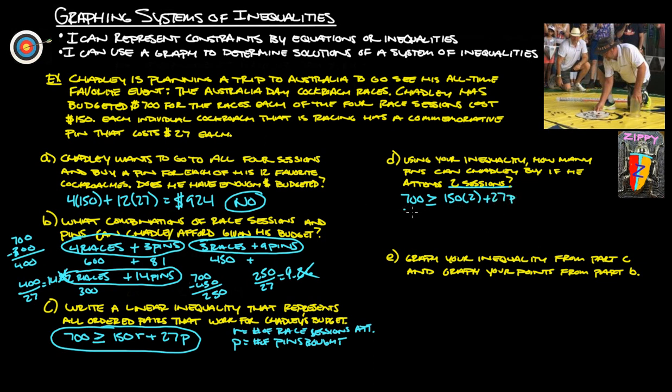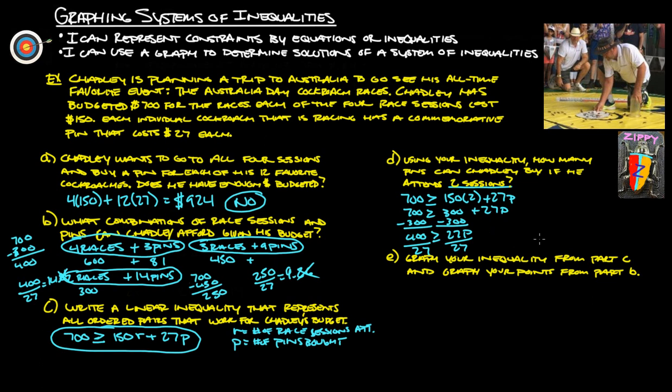So this is 700 greater than or equal to 300 plus 27P. Subtract the 300 from both sides, and we get 400 greater than or equal to 27P. Okay, so we divide both sides by 27, and we get that P.